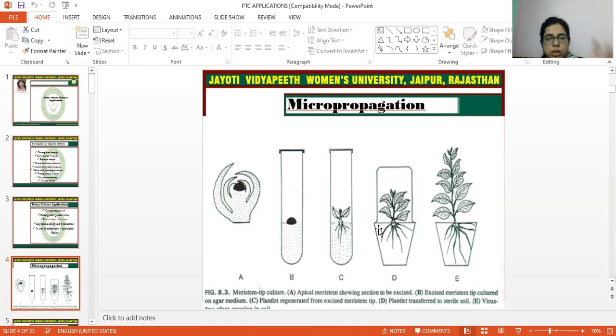When the in vitro grown plantlet becomes suitable for the surrounding environment, you shift it into the field or into a pot in the greenhouse. So you will get a virus-free plant, and a complete plantlet from a single explant. This is the major application, micropropagation, by which you can create a complete plant using only a single piece of plant.